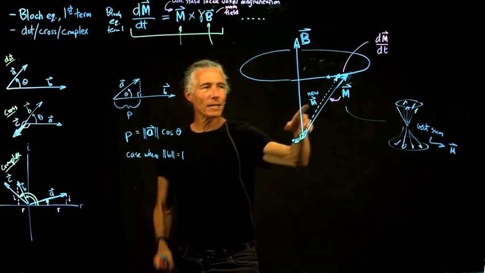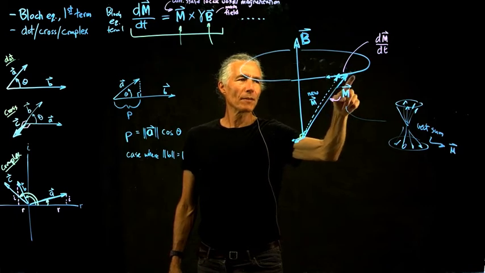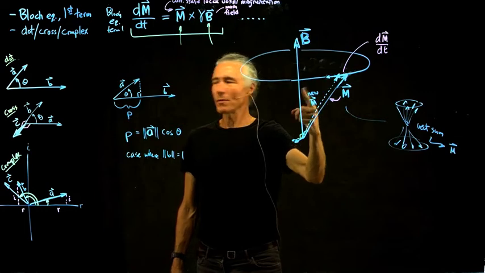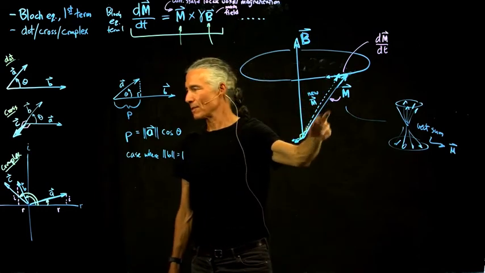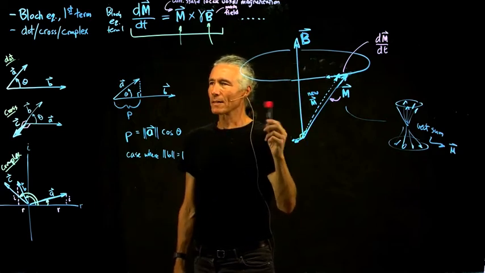Now notice it won't change any other aspect of the vector. It's always going to be perpendicular to both of these guys. And so it won't change the length of the m vector. This operation doesn't change the length of the m vector. It just keeps the length of the m vector the same.